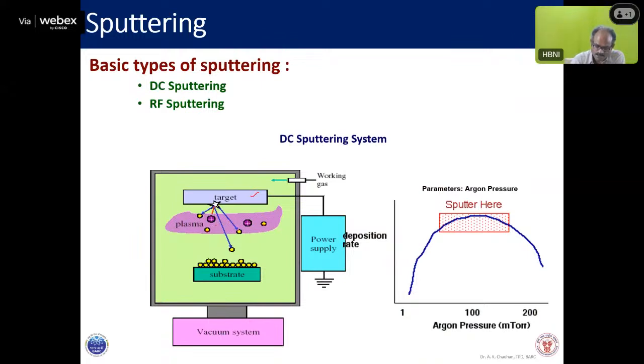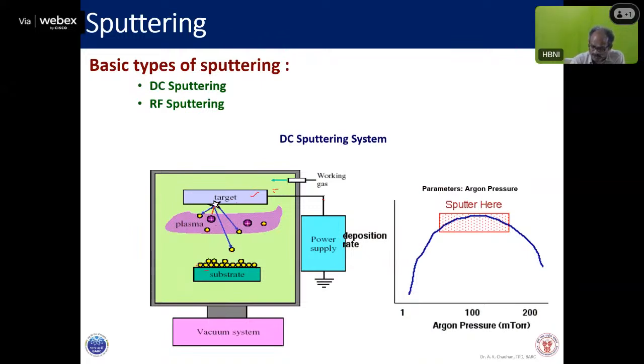So you have positive ions, and then you apply a very high negative voltage. What will happen? These positive ions will strike this target and sputter out some atoms from it. These sputtered atoms will move in all directions, but they can go onto the substrate also, and then they will deposit on the substrate.